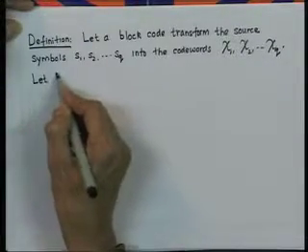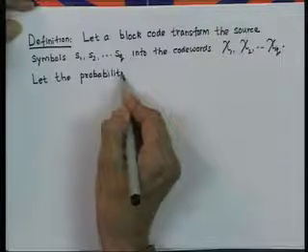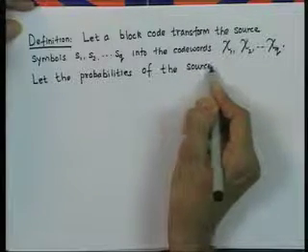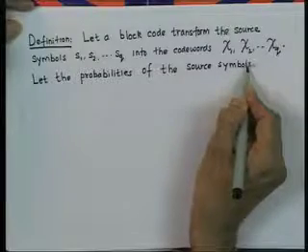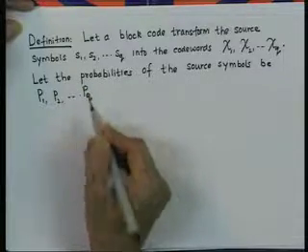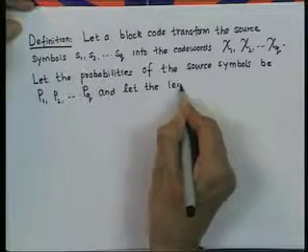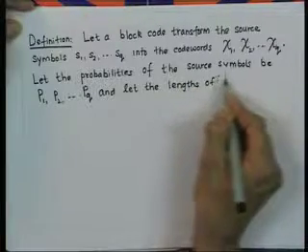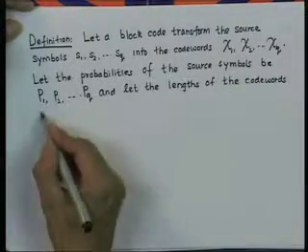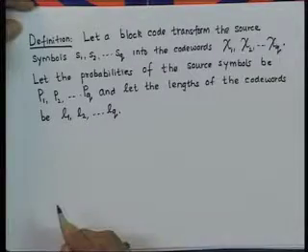Let the probabilities of the source symbols be P1, P2 up to PQ, and let the lengths of the code words be L1, L2 up to LQ.